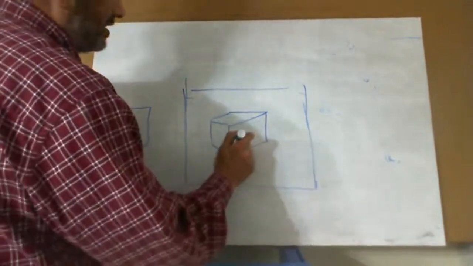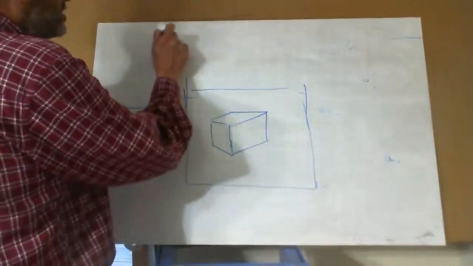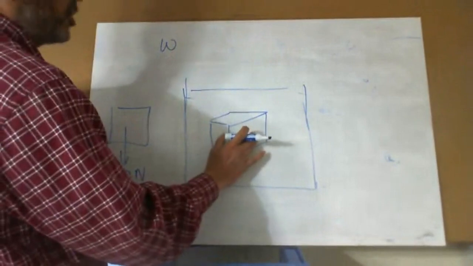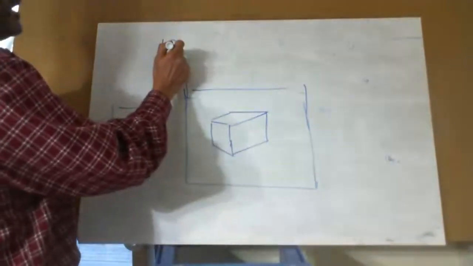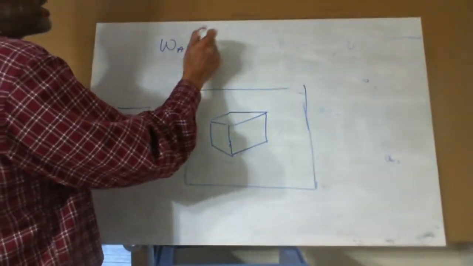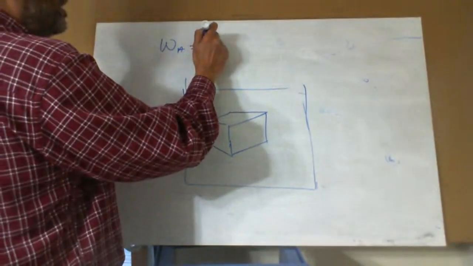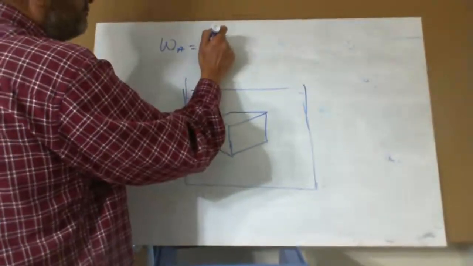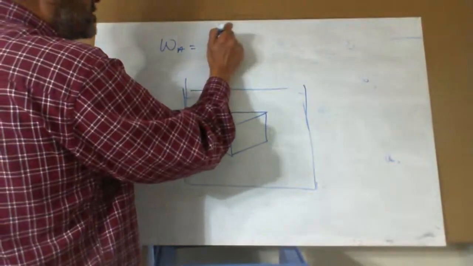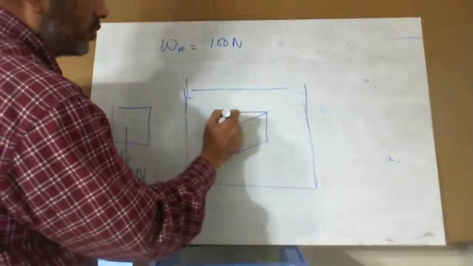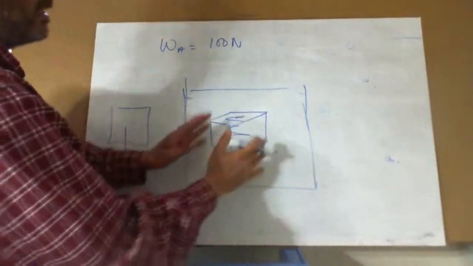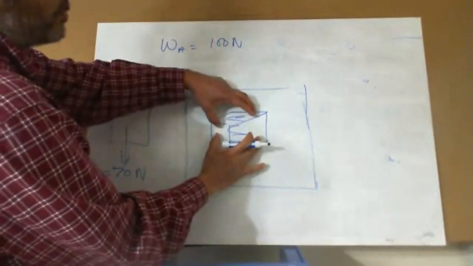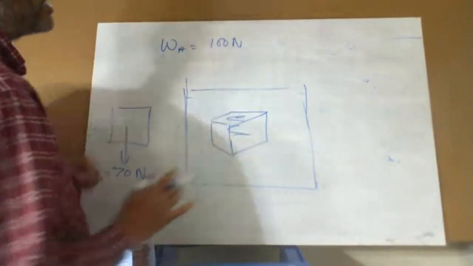Let's say the weight of that water, if you could take it outside and weigh it, is 100 newtons. This is a tank of water, but just this portion of water weighs 100 newtons.